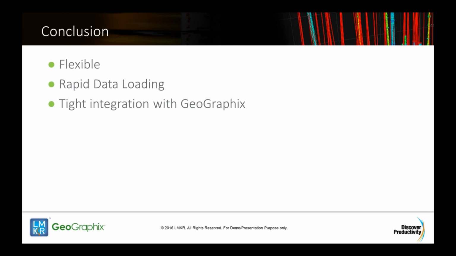Not only when you're on your network or when you're VPN'd into your network, you can geosteer when you're off your network, and it works just fine. When you do get back on the network, however, the program will ask you whether or not you want to save your current survey or your current curve, your LAS file, LWD data, back to GeoGraphix. So it's pretty much smart enough to know that.